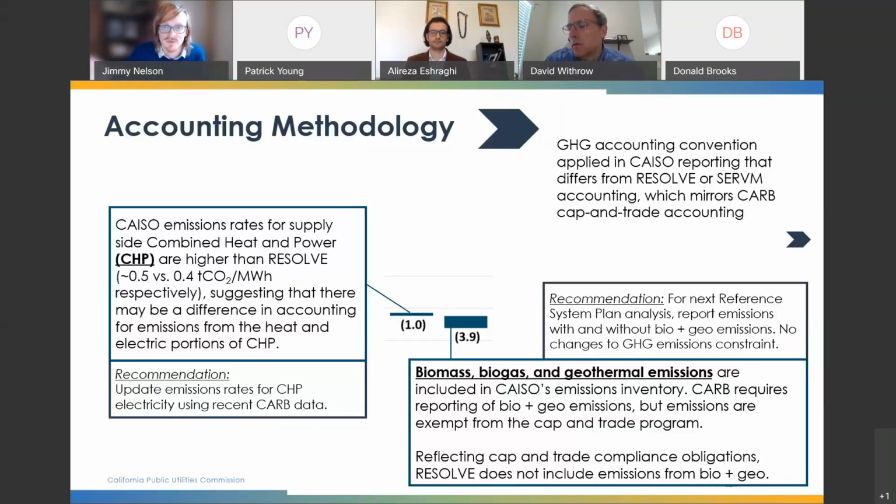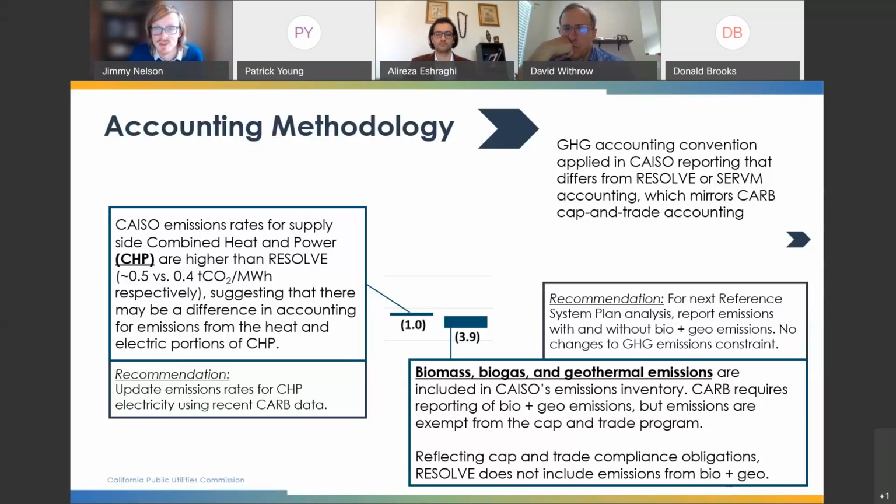But then part of the useful output of that fuel is going to an industrial process or heating a building or steam, and part of it's going to electricity generation. And it is arbitrary the way that you parse out that fuel. And so, therefore, the emissions in some sense are arbitrary. CARB does have a way to account for this, and we appear to be using slightly different accounting methods in Resolve and SERVM than is used in the CAISO data set. So it's a relatively small difference, but it accounts for 1 million metric tons or so of emissions.